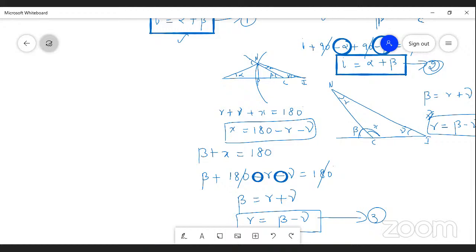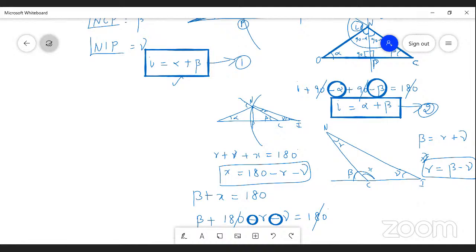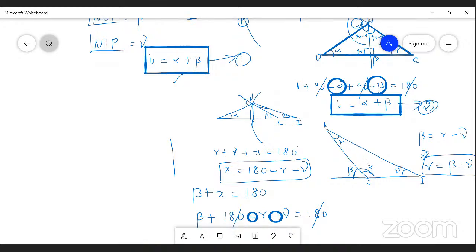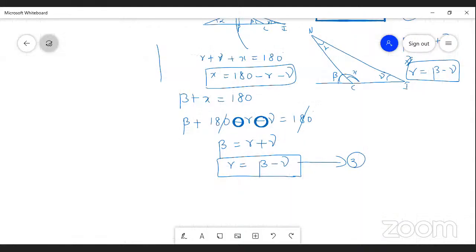Equation number 1 and equation number 2 are both equal. So equation number 1, alpha plus beta, and beta is equal to r plus gamma. r is equal to beta minus gamma.